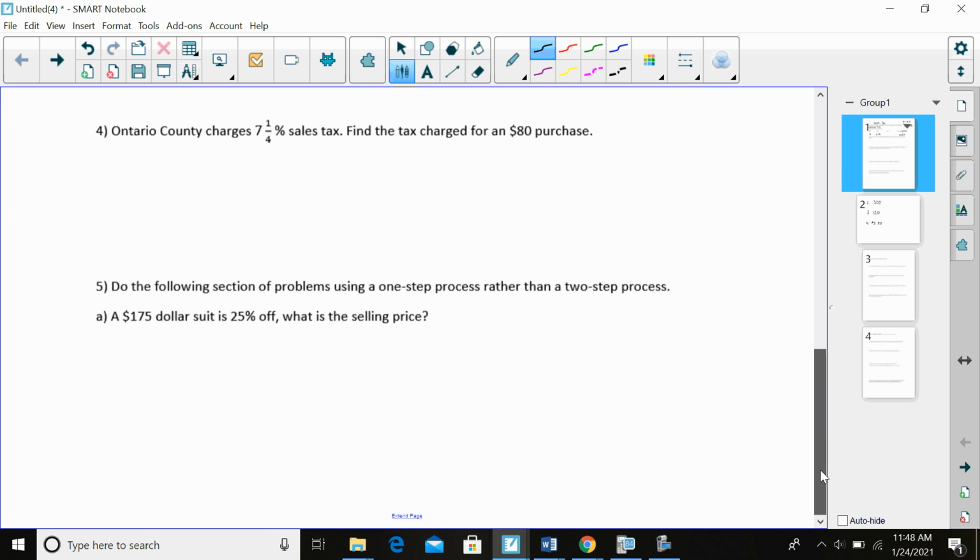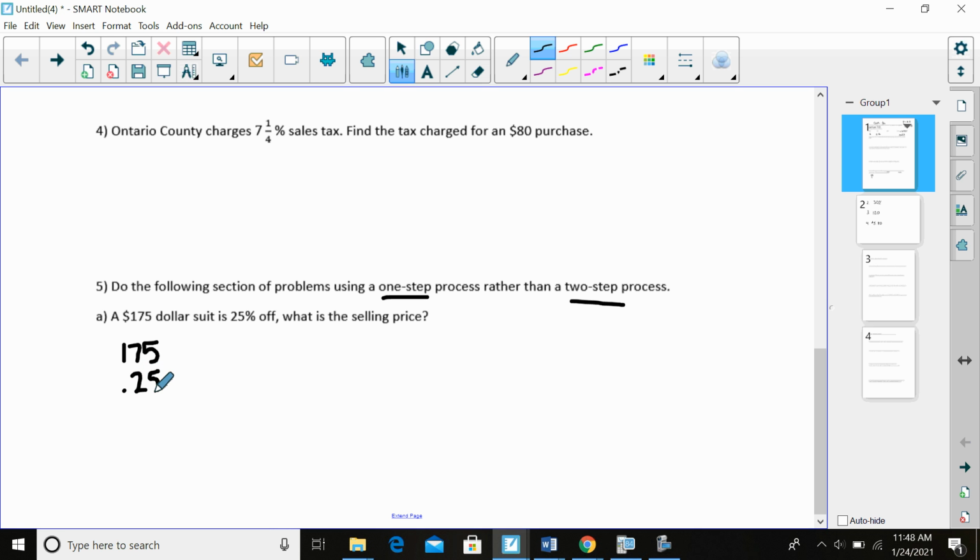In this section, I talk about completing a 1-step process rather than a 2-step process. Okay, so I'm sure the training that most of you received is if a suit is 25% off, right? You would do this times 0.25.